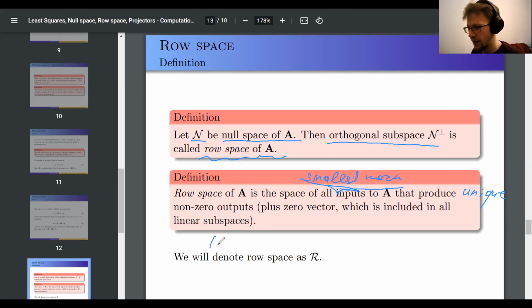So let's say AX is equal to Y. Y is the output. It is not zero. And so X is an element of the row space, right?